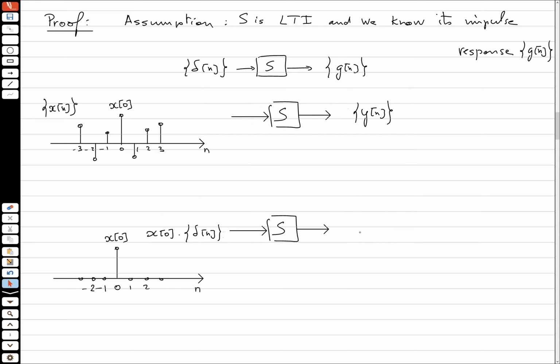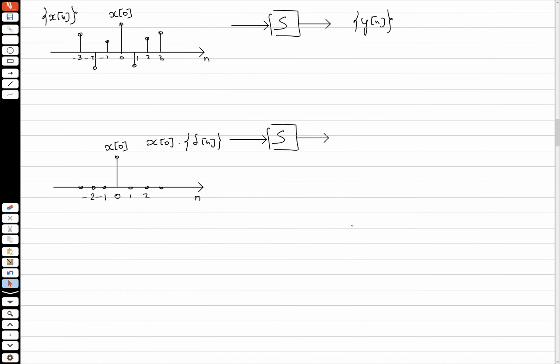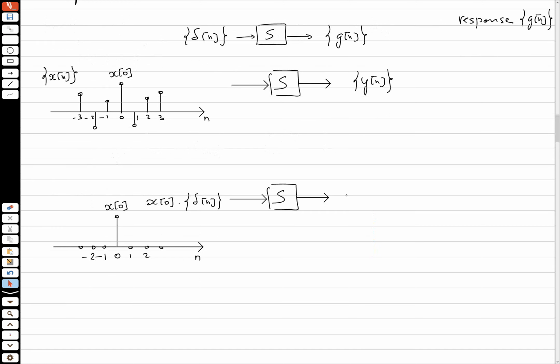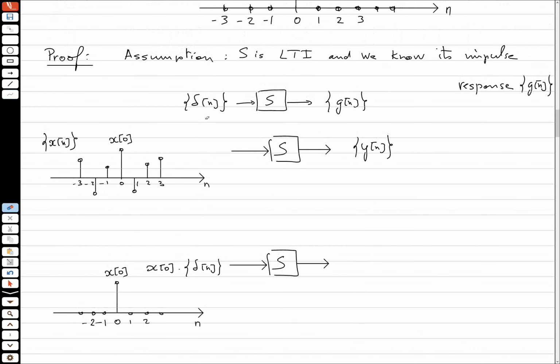Why is that? How can we claim that? Okay. We know that delta of n gives you g of n by assumption. We know that the system is linear.